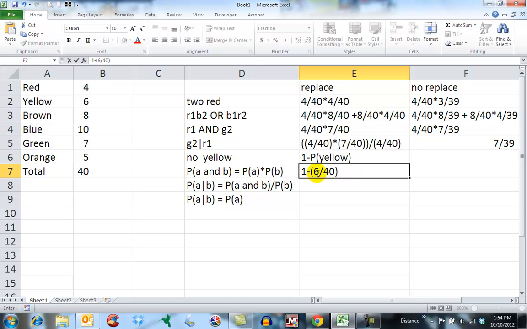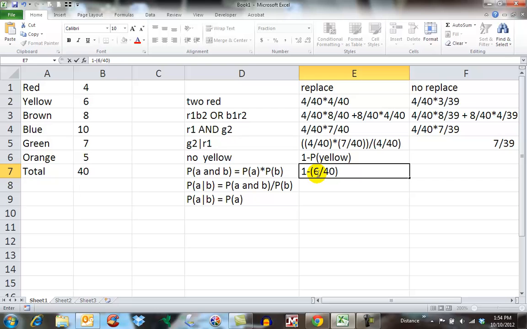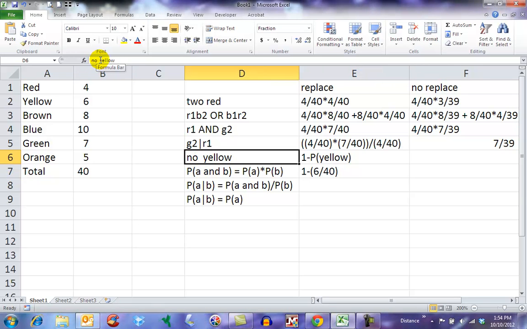And we then have to find the second one, which would be 6 over 40. I think it was not getting 2 yellows. I think it was not both yellow.